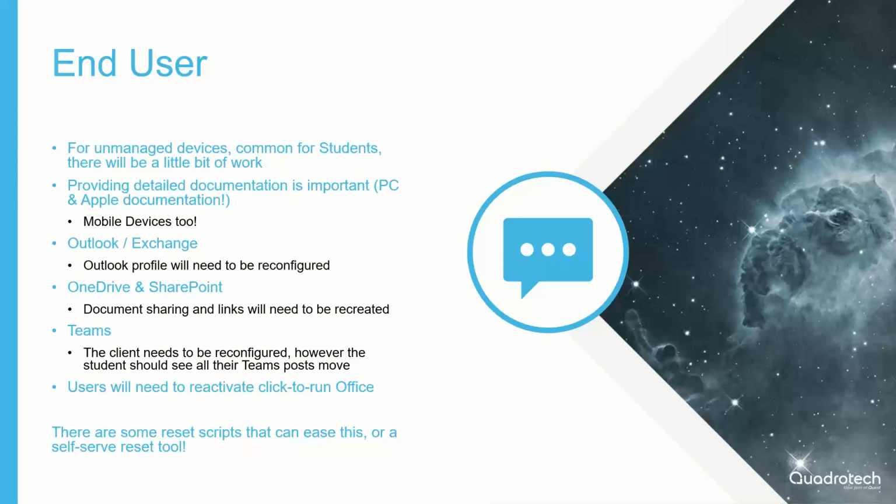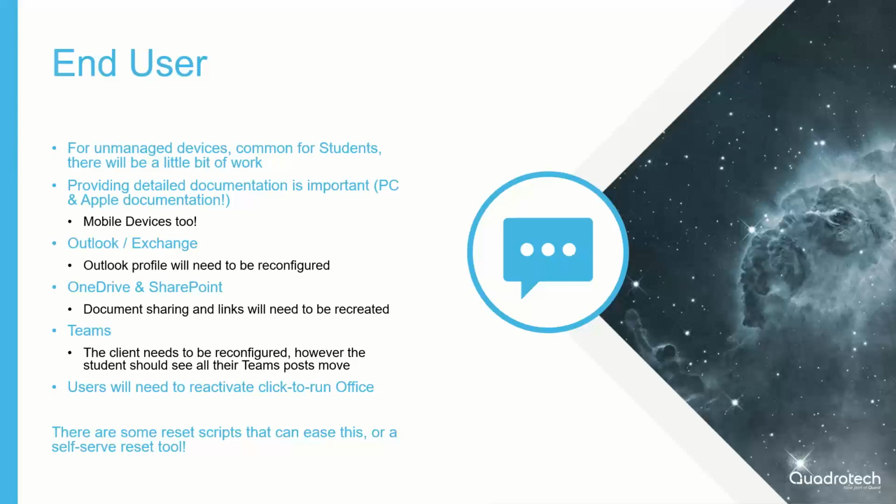On the Teams workload, the client does need to be reconfigured, but you still should see all your teams post migration move. The users will need to reactivate their click-to-run Office bits, because since you are pointed over to a new tenant, it's still a new license SKU across your target tenant.